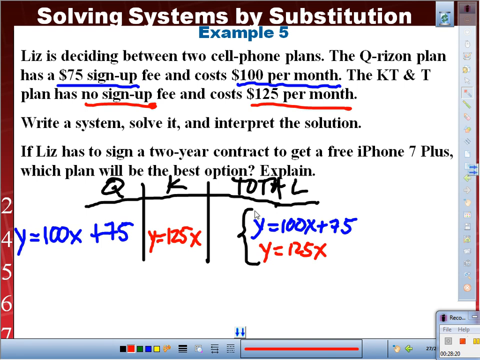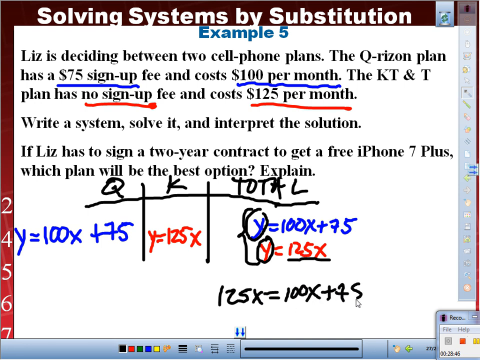Aren't these already solved for 1 variable? So watch. What is y here? 125x. So instead of writing y here, what do I write? And then equals to? Does that look familiar? You solve for x, substitute, solve for y, and that's how you get your solution.